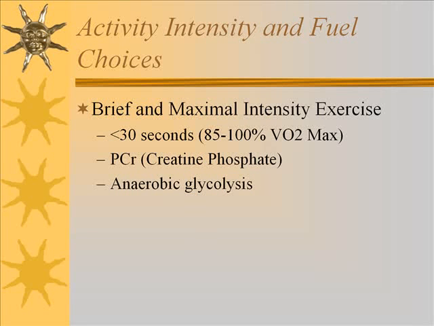So let's review a little bit: with each type of activity, what type of fuel will your body choose? For brief and maximal intensity activity, and I gave you some more specifics on there if you want to get more involved with this information, something that's less than 30 seconds, using almost 100% VO2 max, phosphocreatine would be the source of fuel, and then anaerobic glycolysis.